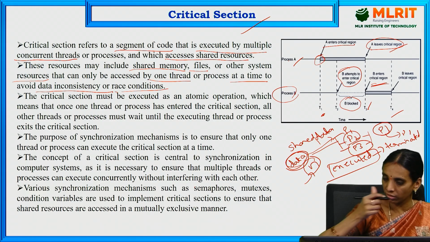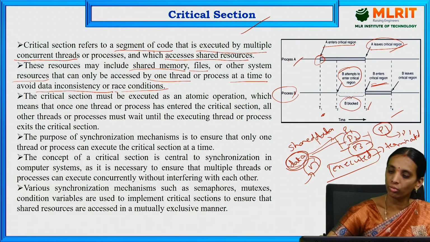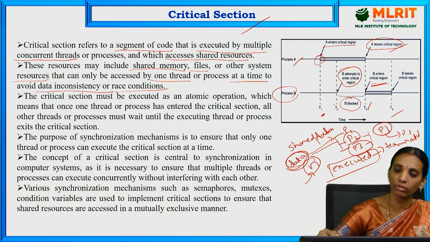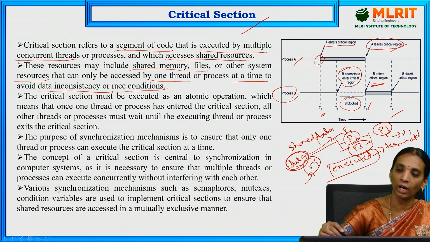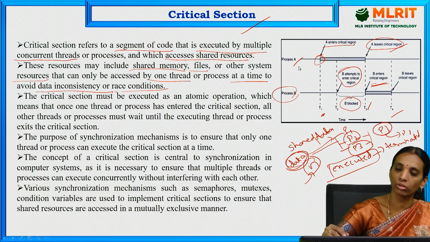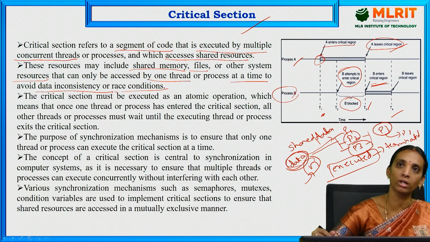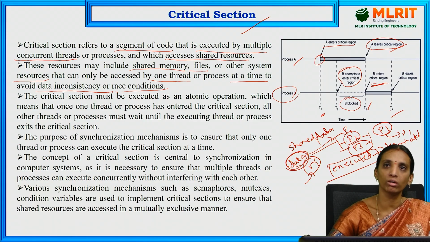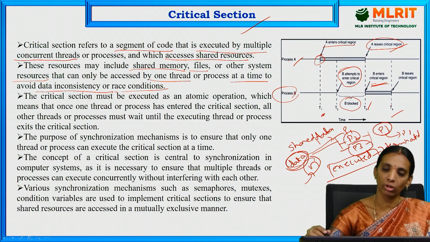We have already discussed that when one data is used by multiple processes at the same time, no process will complete its execution. All processes will be in the running state, but none will be executed. That is called a race condition.